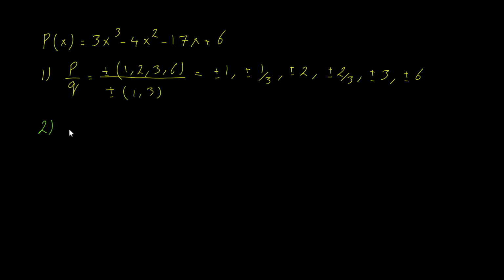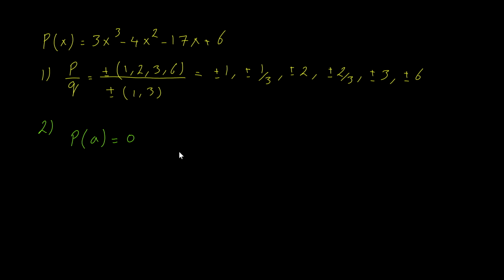The second step is to find the actual roots of the polynomial. And how do we do that? From the factor theorem and the remainder theorem, we know that if we have the function p and we plug in the value of a, and the result is equal to 0, that means that a is a root of the function.